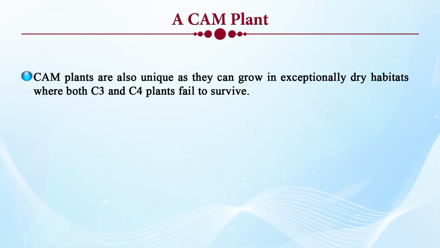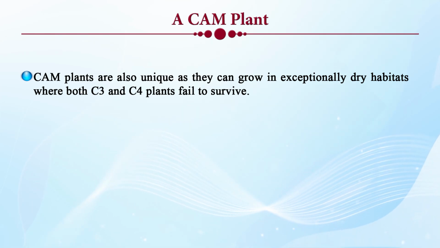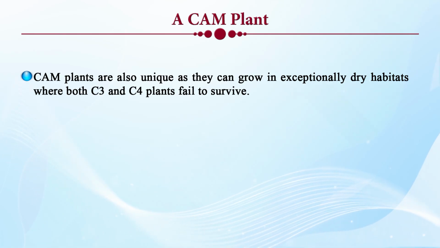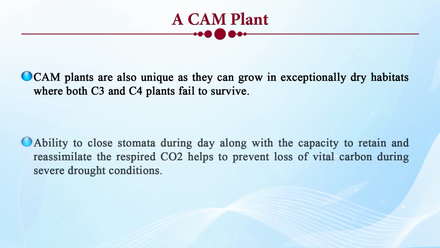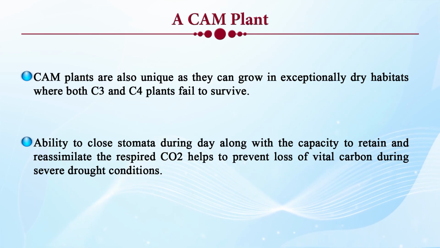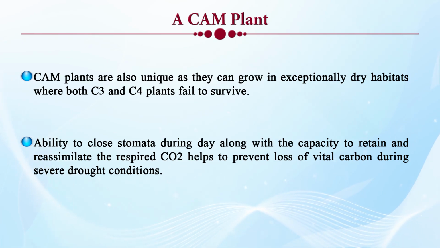So, these plants are unique, and you will find that CAM plants are present in areas where both C3 as well as C4 plants would fail to survive, but the CAM plants are able to be present there. So, it is this very ability to close the stomata during night time which helps these plants to prevent loss of vital carbon during severe drought conditions.